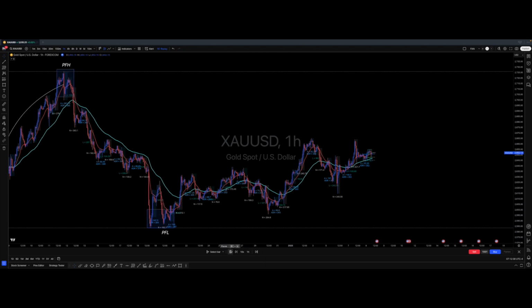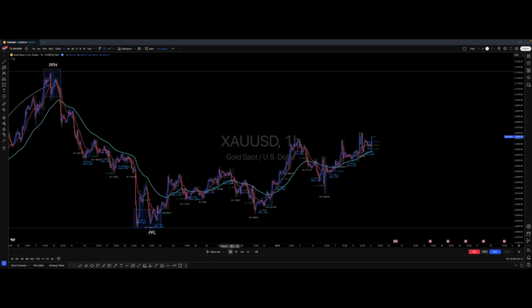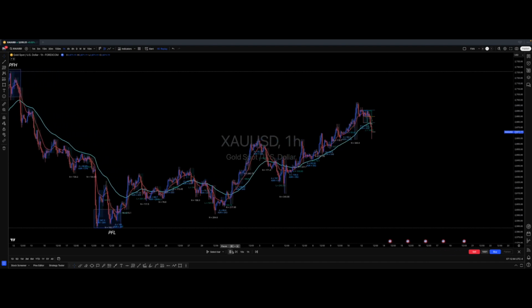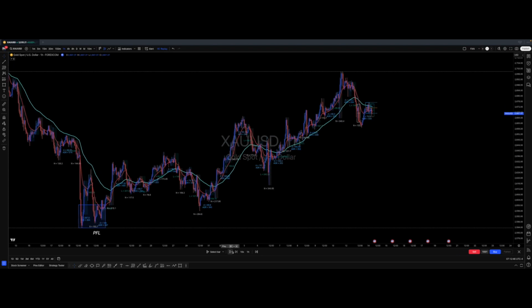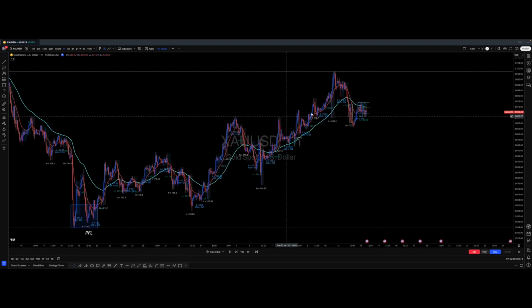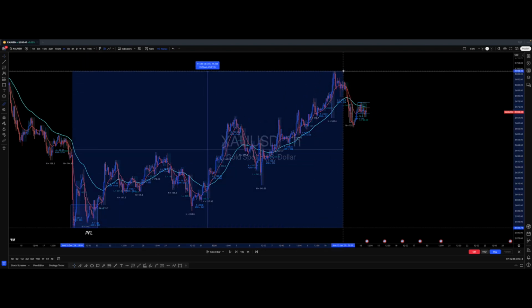So again, keep looking for buys. You just keep looking for buys. Okay, here, if we had another crossover here, let's go ahead and again measure this out. Now we're at 1146.